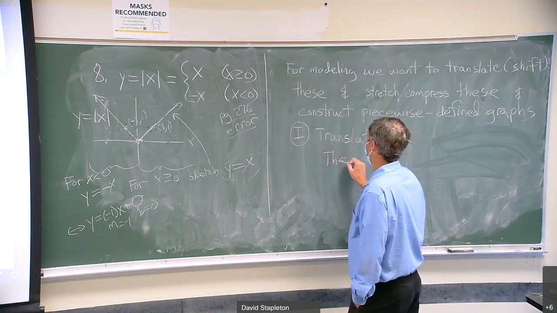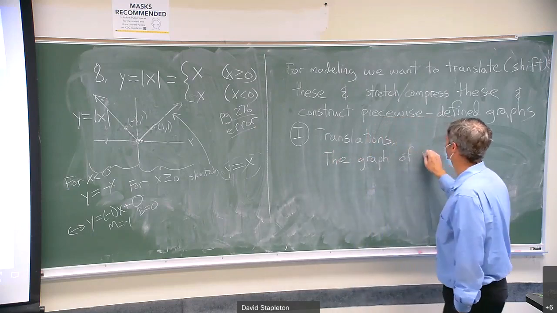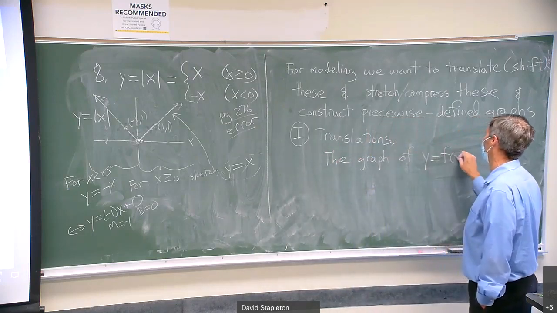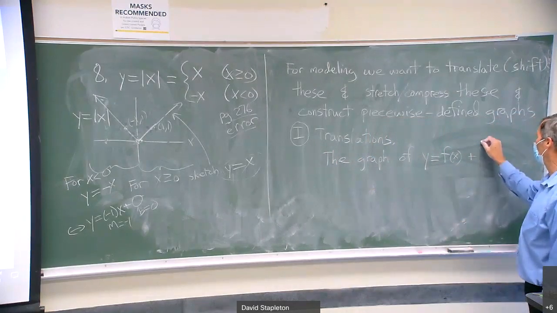The graph of a function y equals a known function f of x, maybe one of these basic graphs, plus a number b.